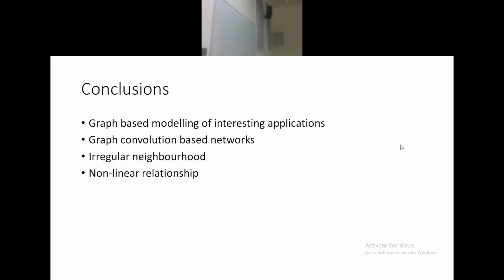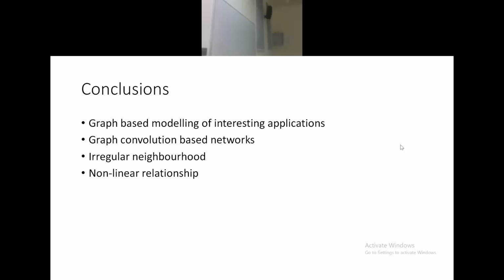One of the conclusions is that there are many interesting applications where graphical models can be utilized. I've just shown you some of them with which we worked. Graph convolution-based networks are particularly useful when you have an irregular definition of neighborhood. If it is a very regular neighborhood, then the problem will be a little bit simpler. For example, in the pose graph, some action is getting repeated.